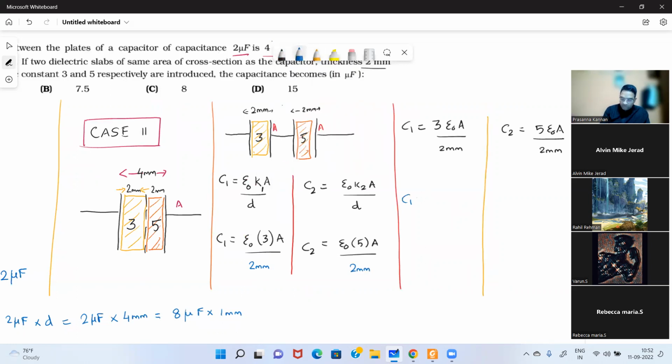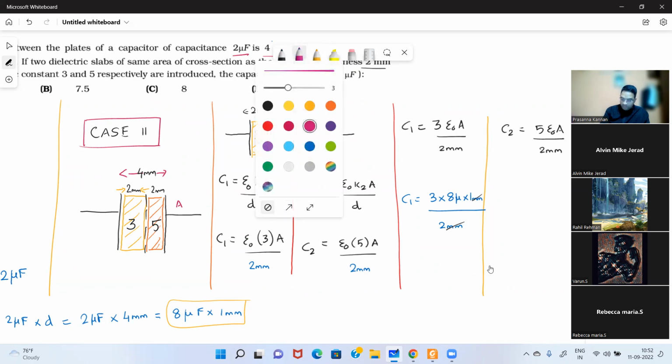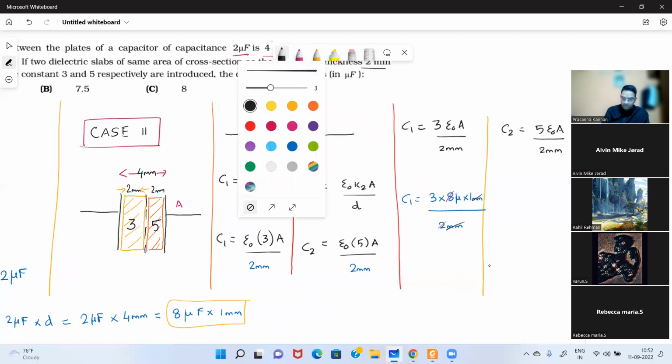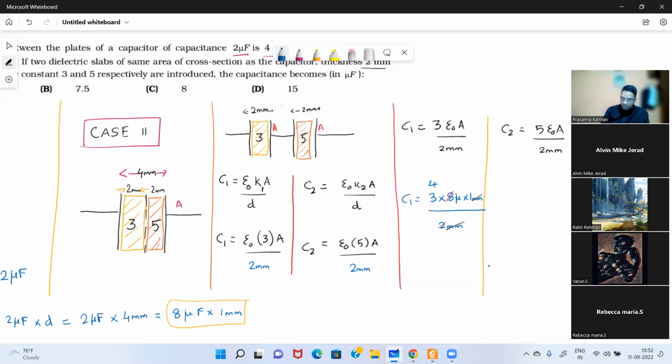So what is C1 going to be? 3 into 8 microfarad millimeter divided by 2 millimeter. The millimeters cancel. 2 and 8 cancel and it becomes 4.